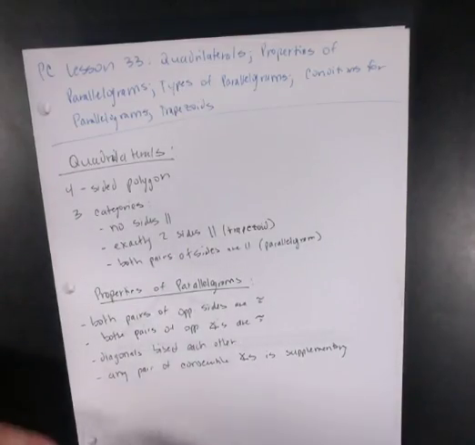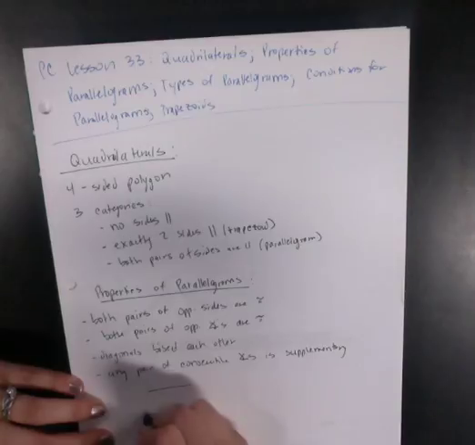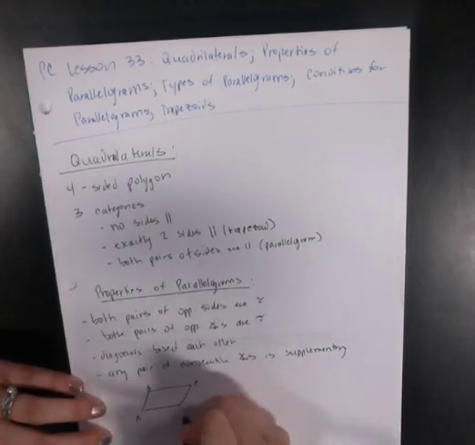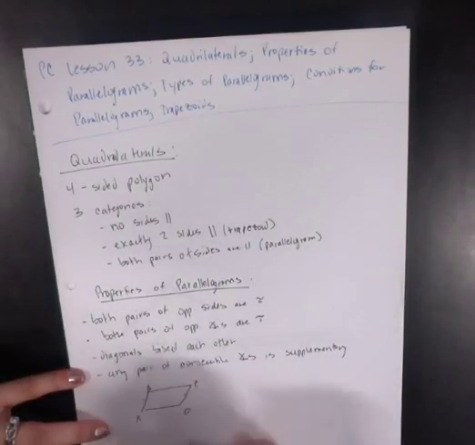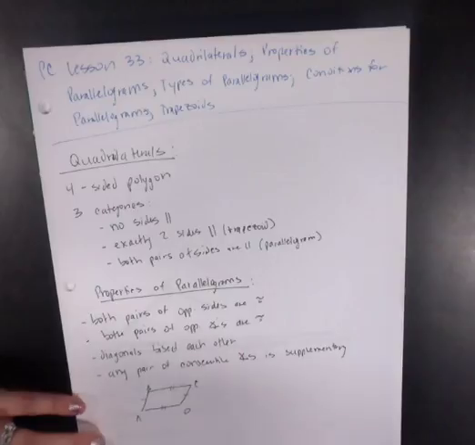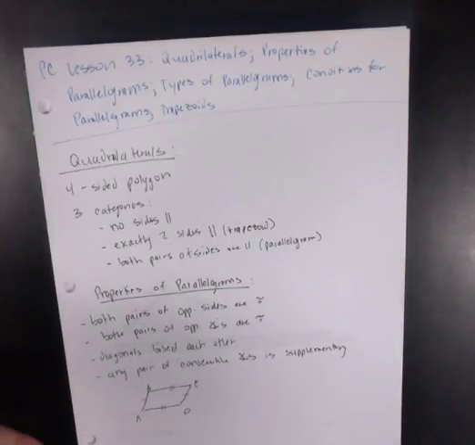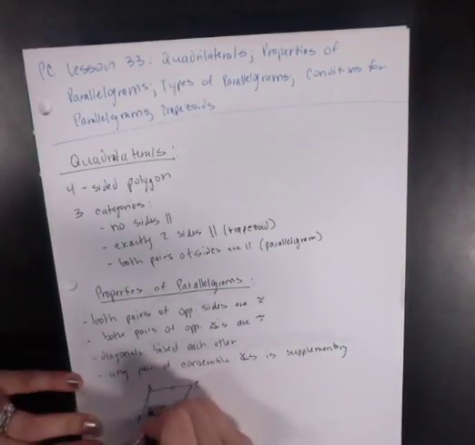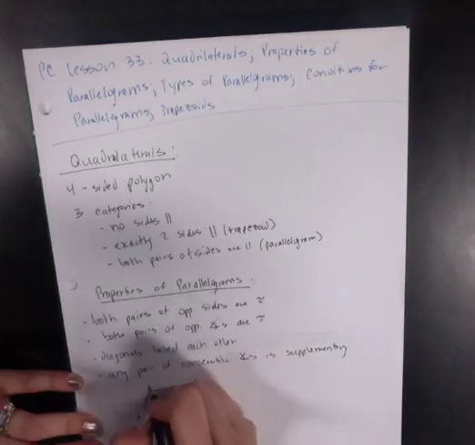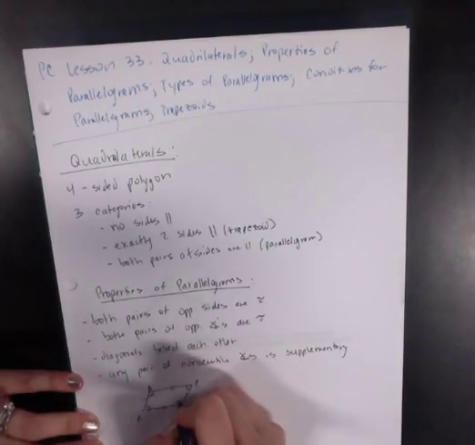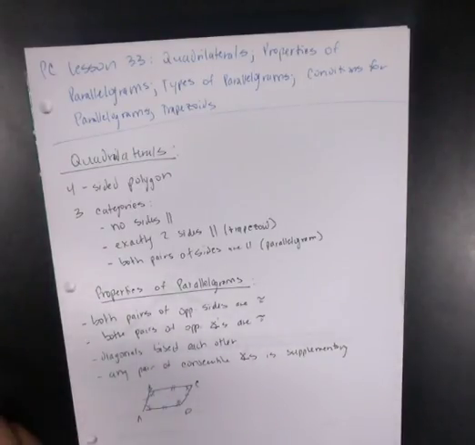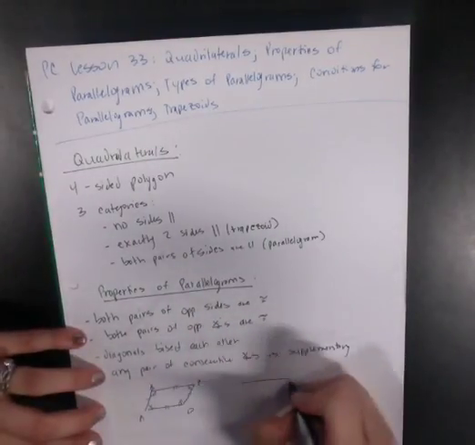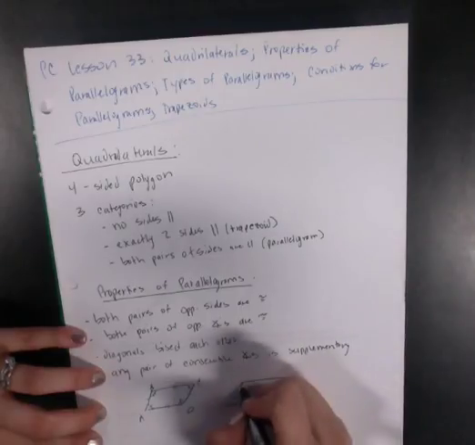Okay, so let me draw a parallelogram for you, and we can label these things. If this was A, B, C, D, the opposite sides are equal, so AB is congruent to CD, and BC is congruent to AD. The opposite angles are congruent, so this angle is congruent to this angle. The diagonals bisect each other, so I'm going to redraw it so we can have a good visual.